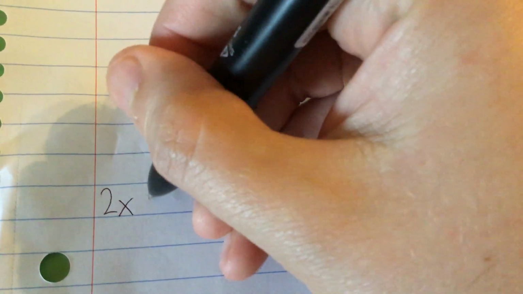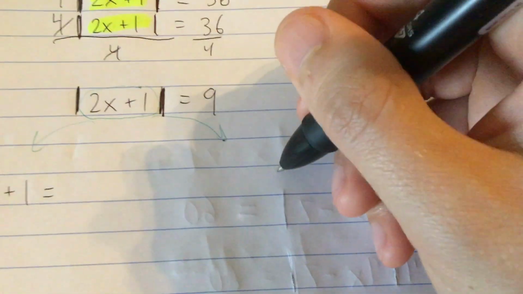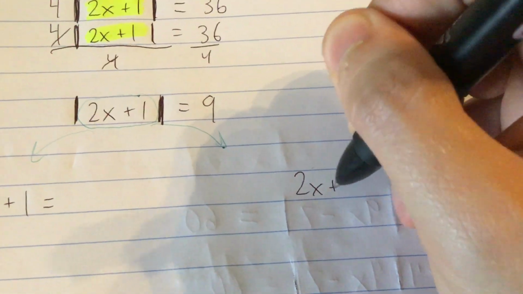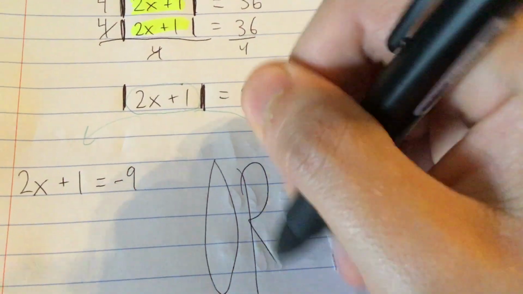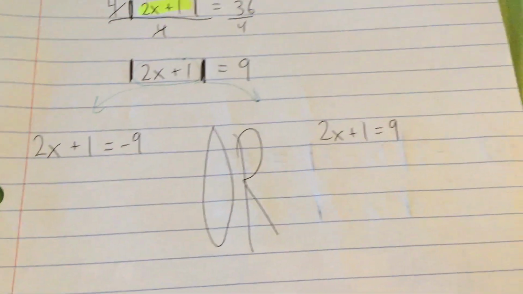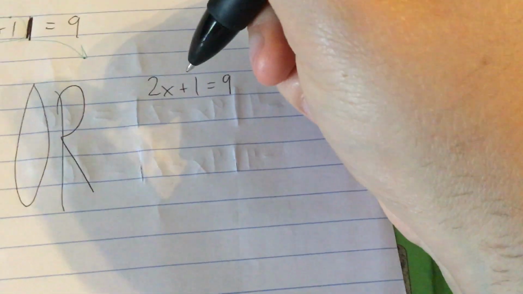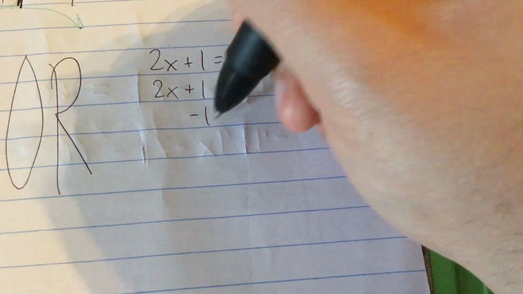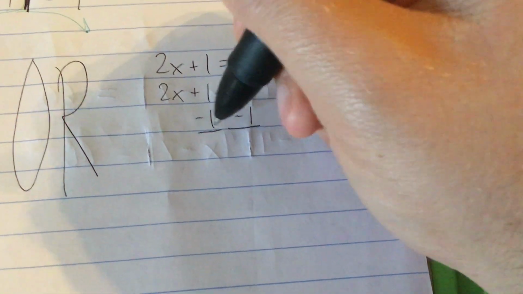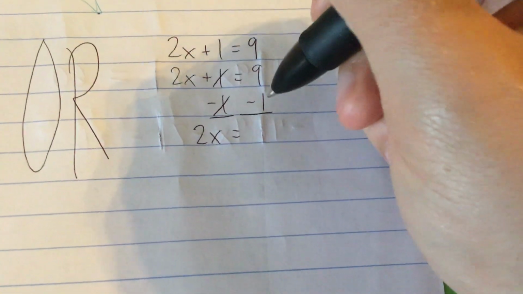So 2x plus 1 is equal to positive 9, or 2x plus 1 is equal to negative 9. Now let's solve for x. So how do I undo the layers and solve for x? I'm going to subtract 1 from both sides, leaving me with 2x is equal to 9 minus 1.